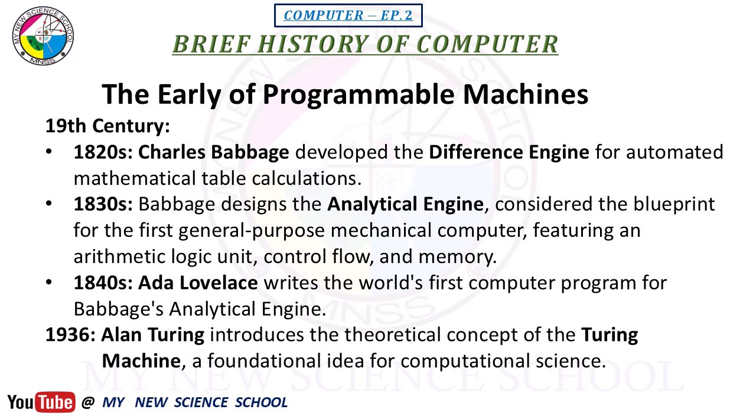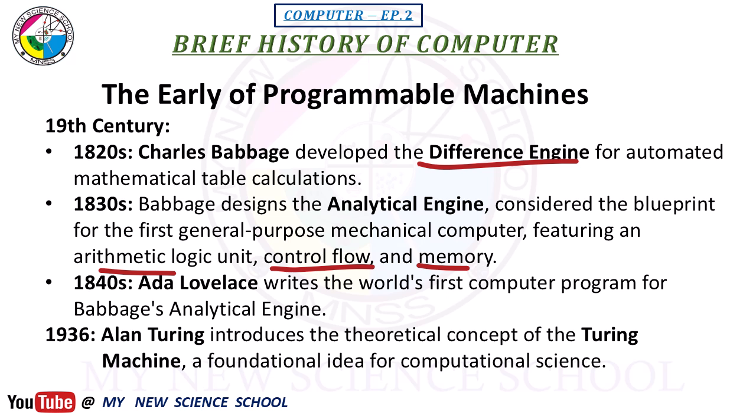In the 1820s, Charles Babbage developed a machine called the difference engine for automated mathematical table calculations. And in the 1830s, Babbage designed the analytical engine, considered the blueprint for the first general purpose mechanical computer, featuring an arithmetic logic unit, control flow, and memory.